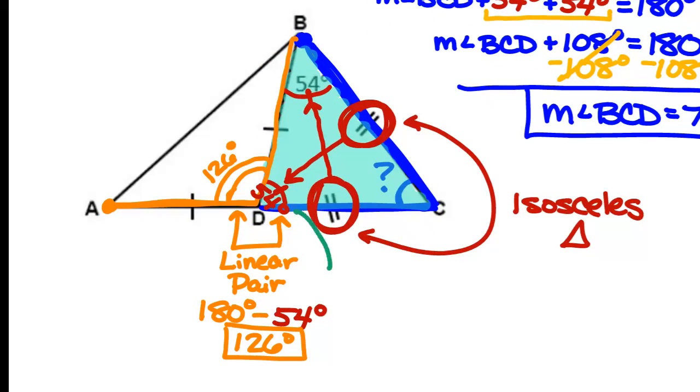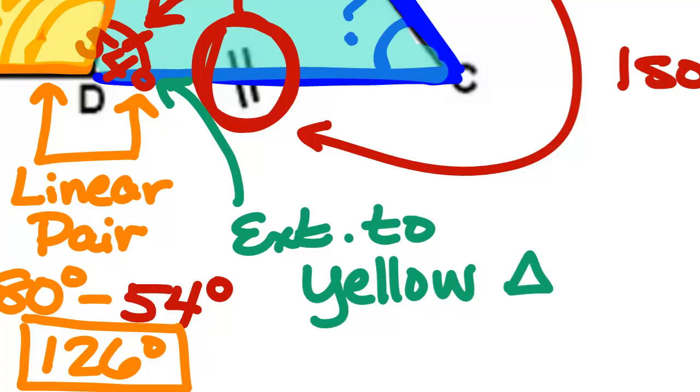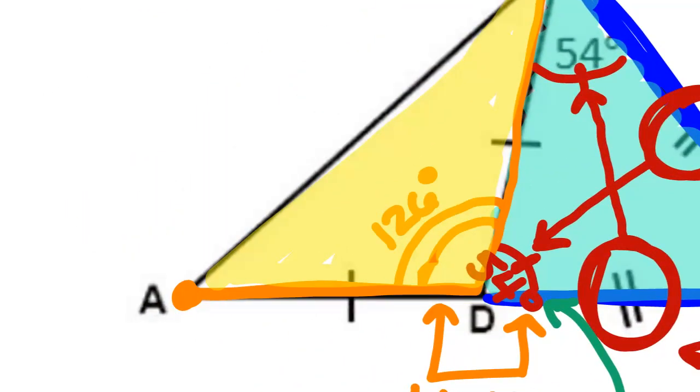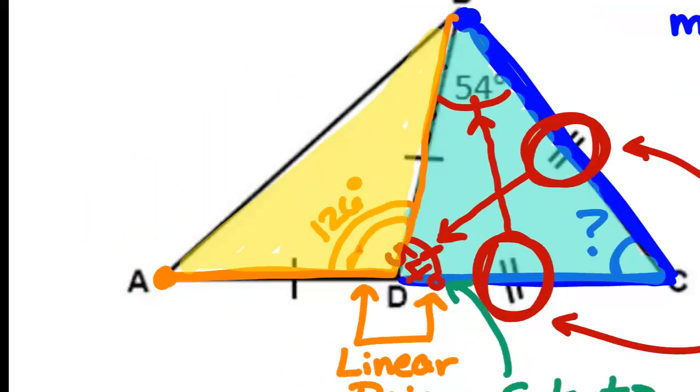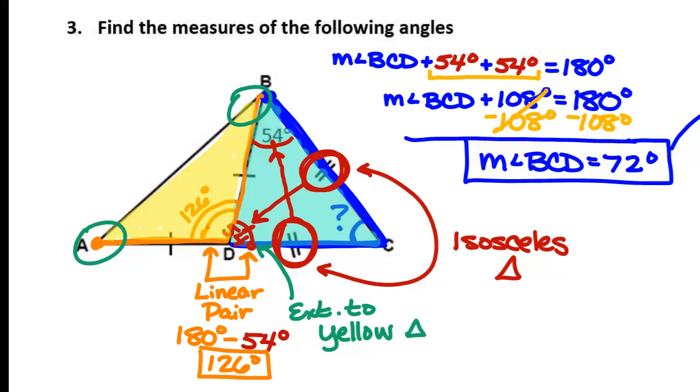You could call this angle right here the 54-degree angle. It is exterior to my other triangle that I could highlight in yellow. That 54-degree angle is outside of the yellow triangle. So this is exterior to the yellow triangle. And in that case, these two angles would have to sum up to 126 degrees.